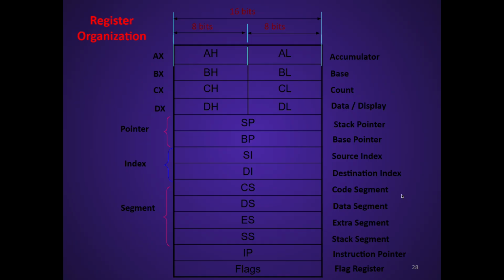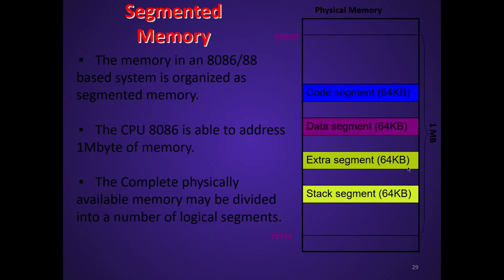Then we have flags, which we have seen. We will see all these points in the programs, in more detail for the further topics. Then we have segmentation memory. The segments are 64 KB each, organized in a segmented memory. The 8086 CPU has 1 megabyte of memory which can store addresses.